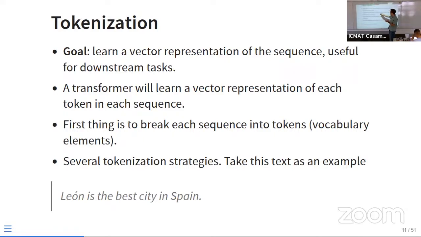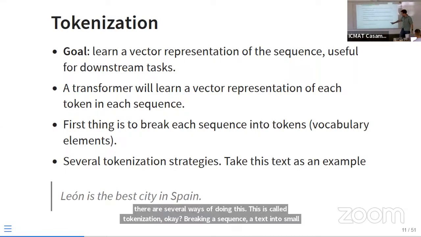So the transformer will learn a vector representation of each token in the sequence. The first thing is to break our sequence into tokens, into vocabulary elements. There are several ways of doing this. This is called tokenization, breaking a sequence, a text, into small parts.